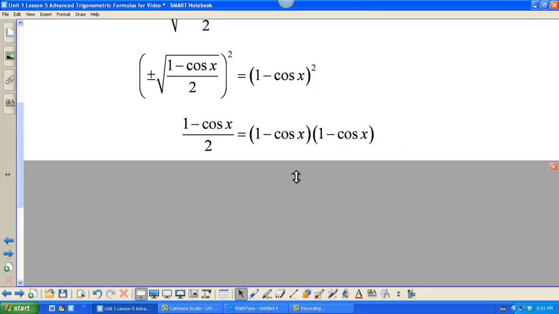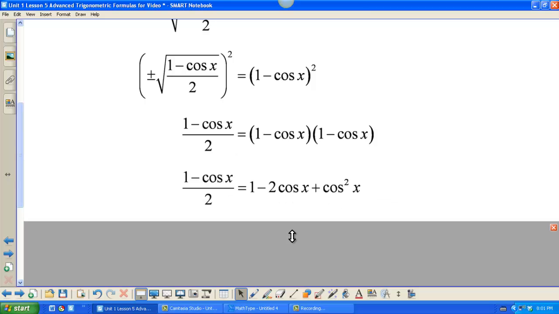So I am left with 1 minus cosine of x over 2. But you have to be careful on the right. 1 minus cosine x squared means 1 minus cosine x times 1 minus cosine x. And I have to first, outer, inner, last that, which yields 1 minus 2 cosine x plus cosine squared x.